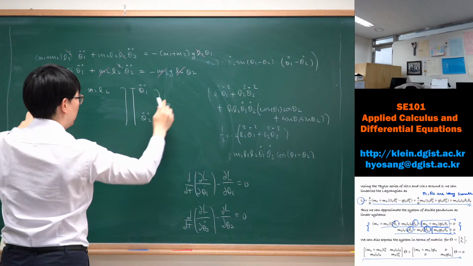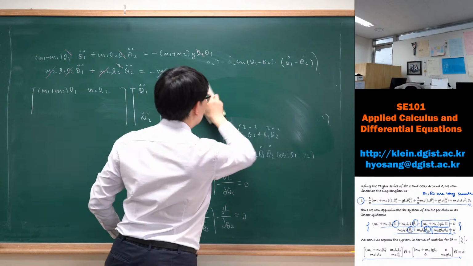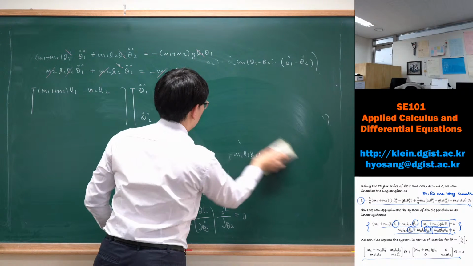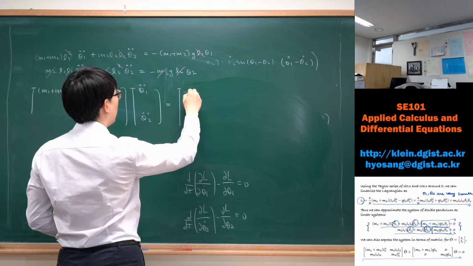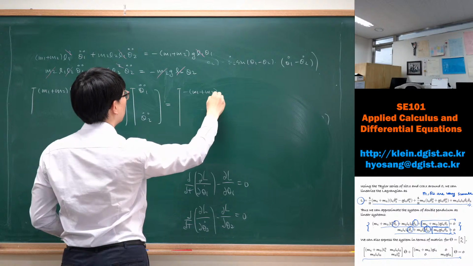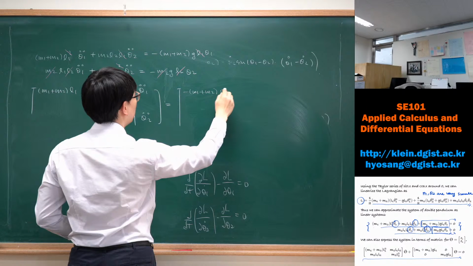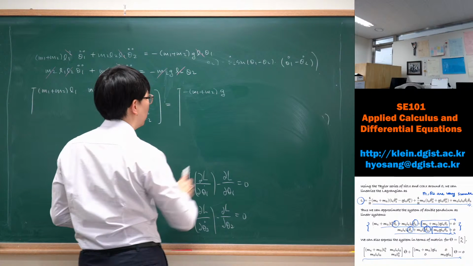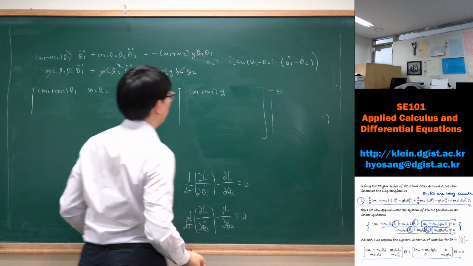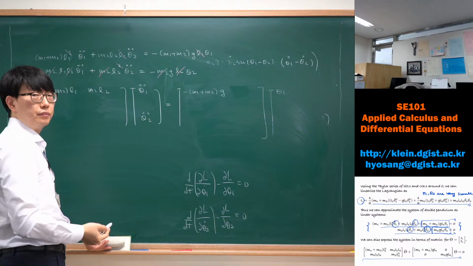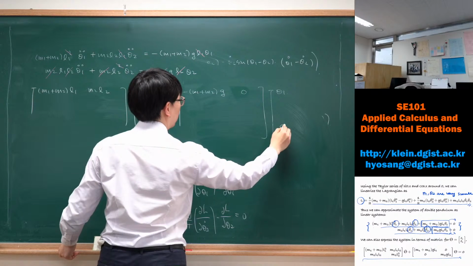And that equals, on the right hand side, minus M1, M2, G, zeta 1, and 0, zeta 2.